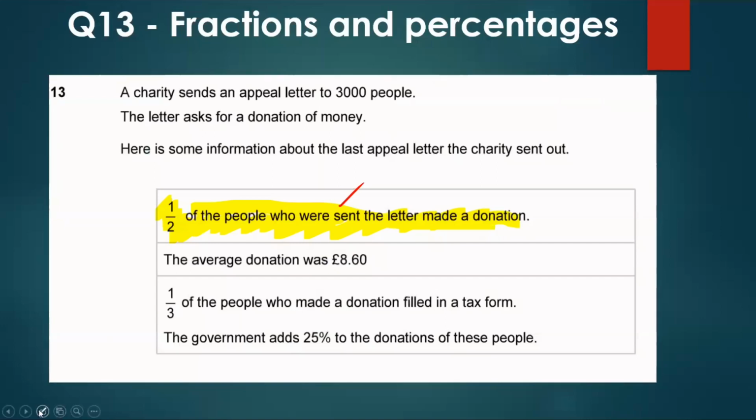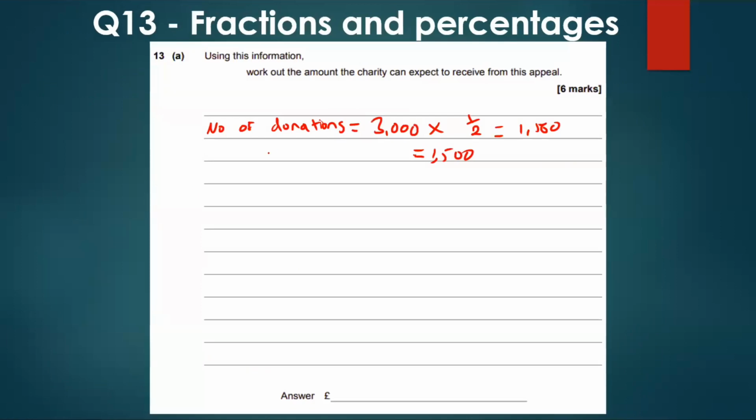Now the average donation was £8.60. So if we know that on average it was £8.60, we can work out the total donations in money. The average was £8.60, and 1,500 people paid £8.60.